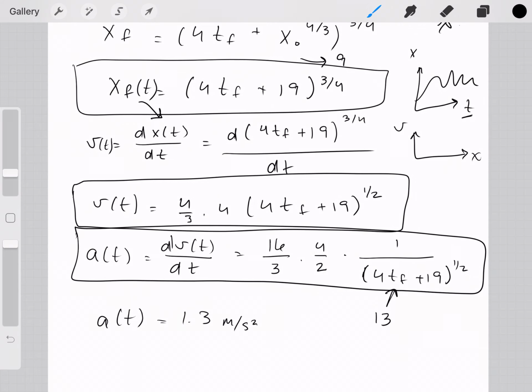You can solve for it by putting in your x final, because you know that. Or you can solve for it by putting in your v final, because you know that. Either way, you can get this t of final time, because t is the connector of all equations. I like to see it as the very center, and spindling off of that are all of these equations, because time doesn't change. It's always consistent. So just always rely on time. So when you put in 13 seconds, you can solve for the final acceleration.